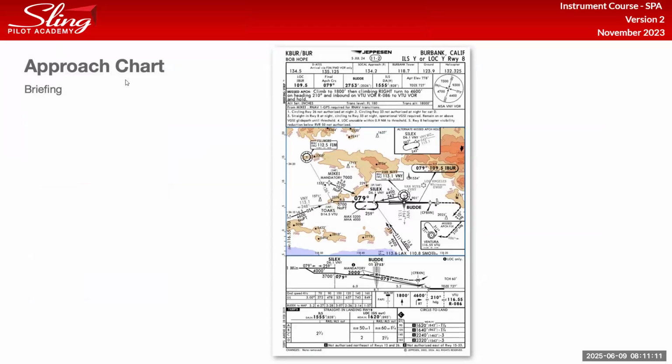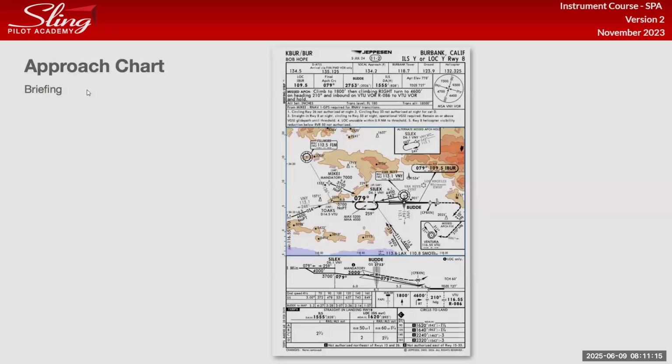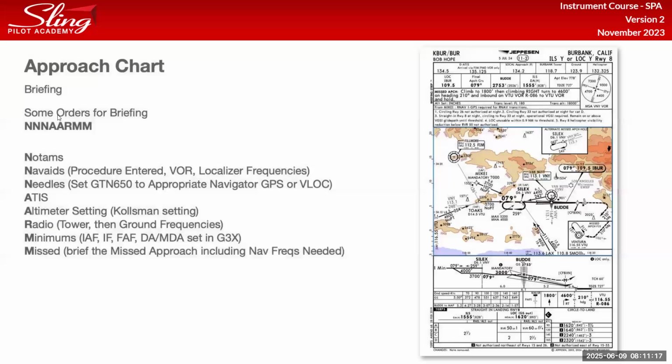So the approach chart, the briefing. The order of the briefing, or the memory aid you can use to brief these approaches, is called NRAMs. You may wonder, but Corey, that says NARM.